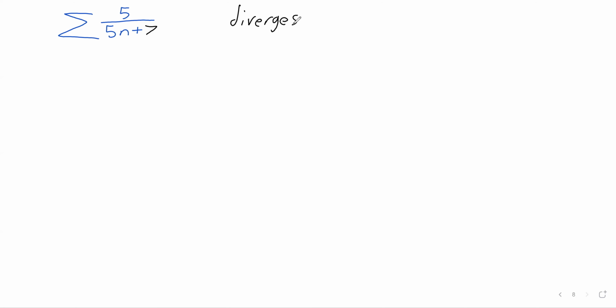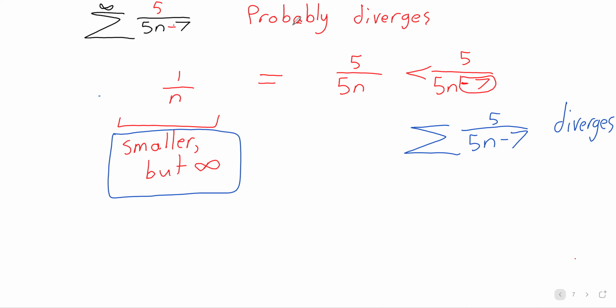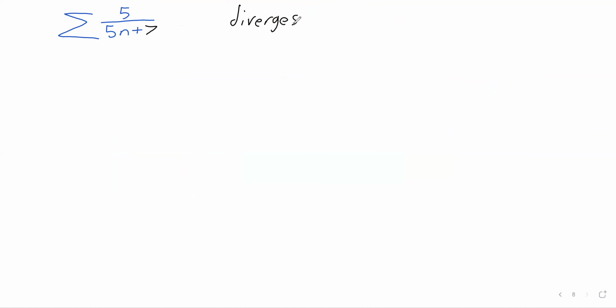We think that 5n plus 7 diverges. I think that 5n minus 12 or 5n plus 17 diverge for the same sort of reason. It looks like a harmonic series.